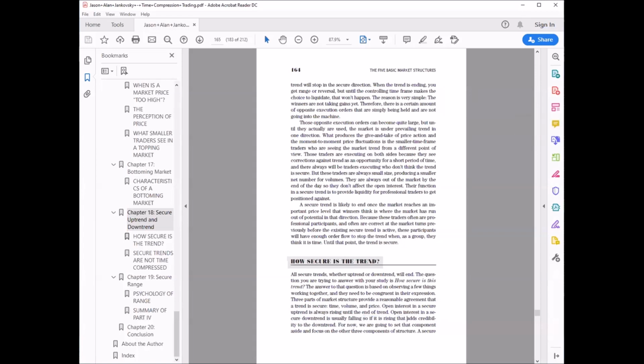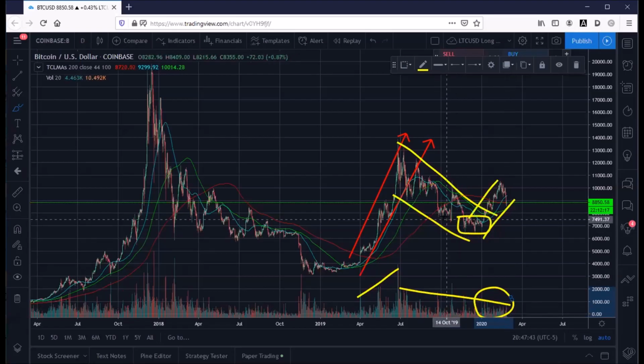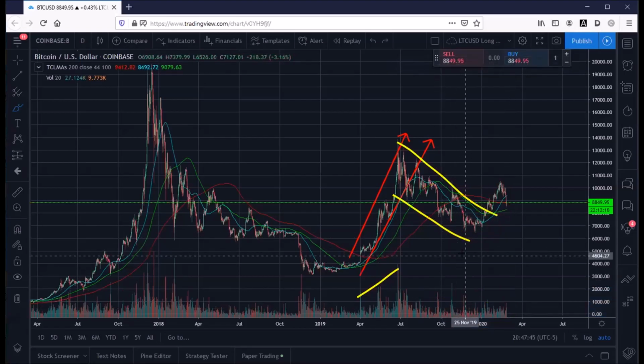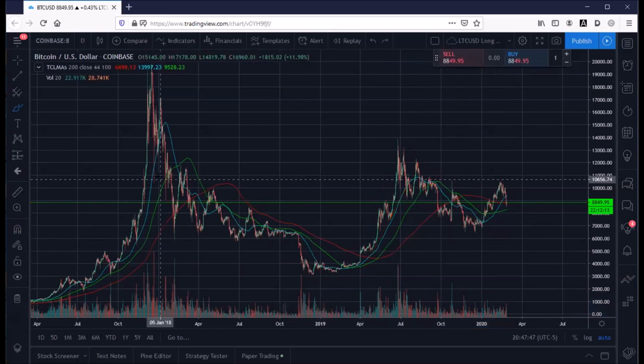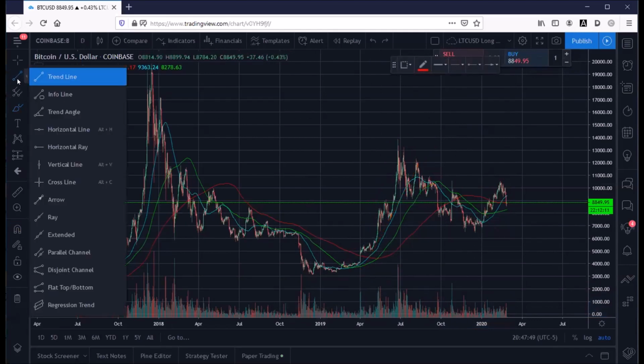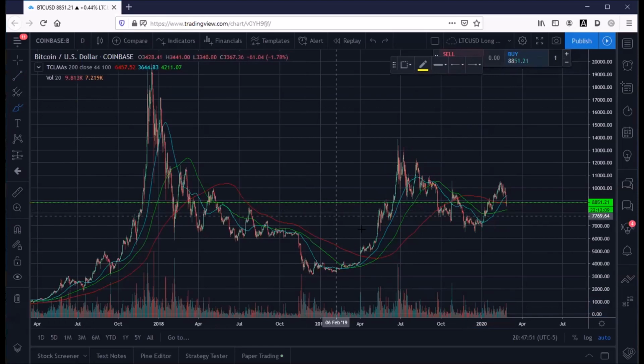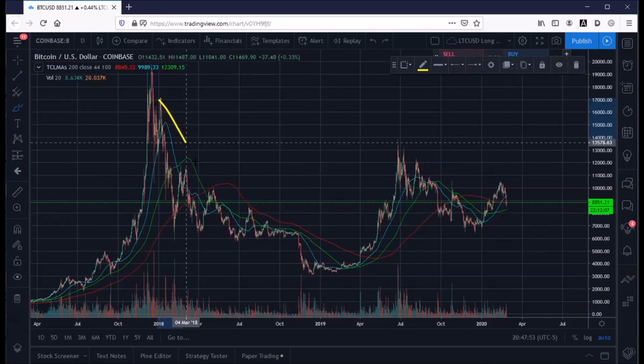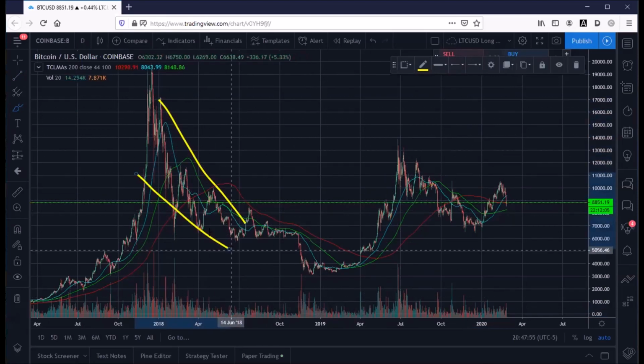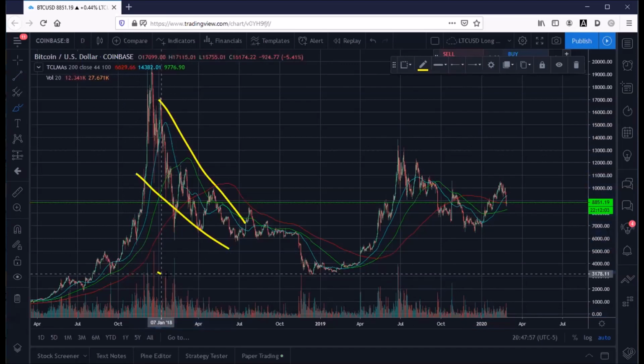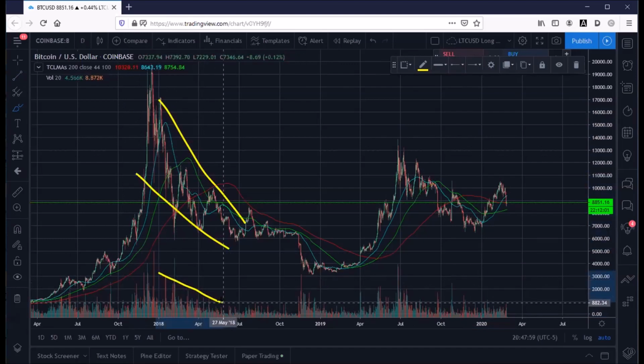How can I explain this in a really simple way? Because I don't like the way he worded it. It almost sounds like he's contradicting himself. But I know what he's trying to say to us. He's trying to tell us that in a downward move, I'm not going to use that dang arrow. In a downward move, especially if we've reversed, we probably are going to see interest decline as the move advances.